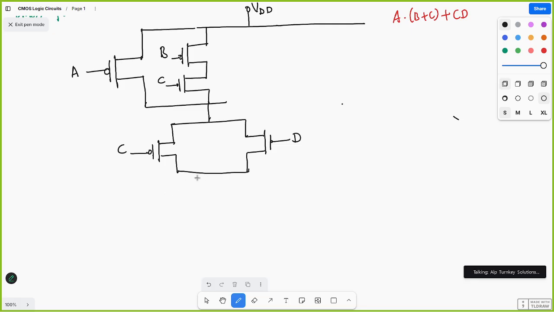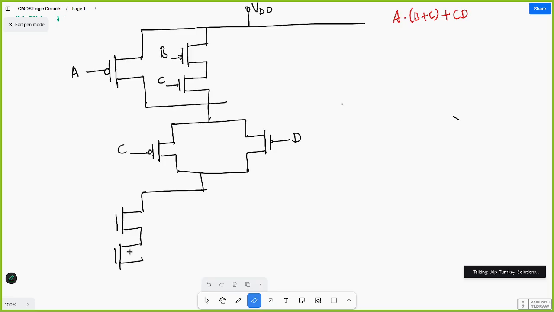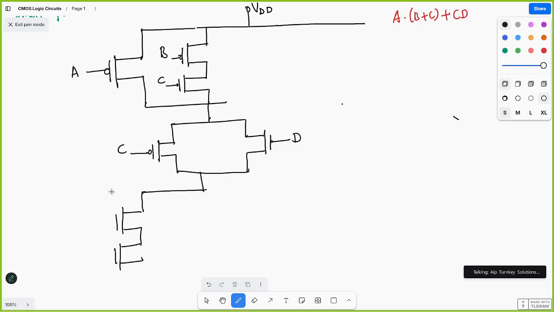So let us take first CD: both are in series. This is NMOS, no bubble.